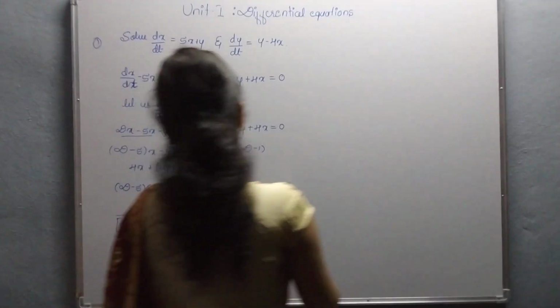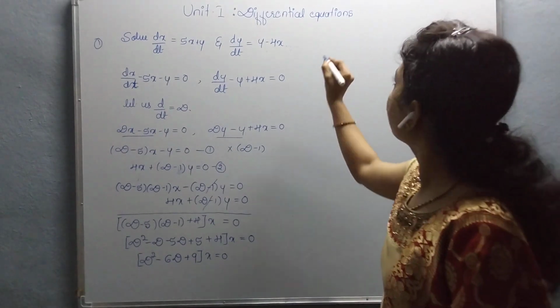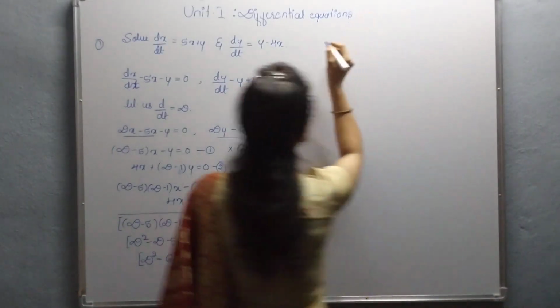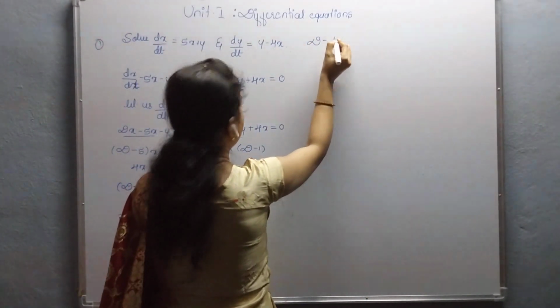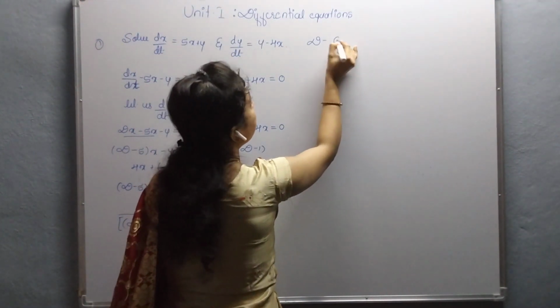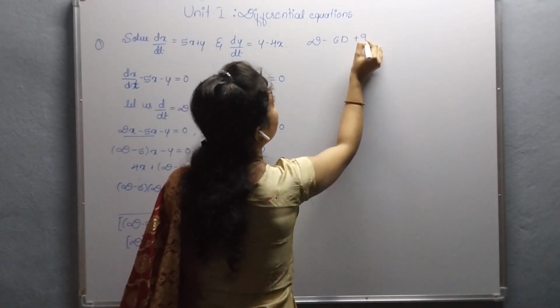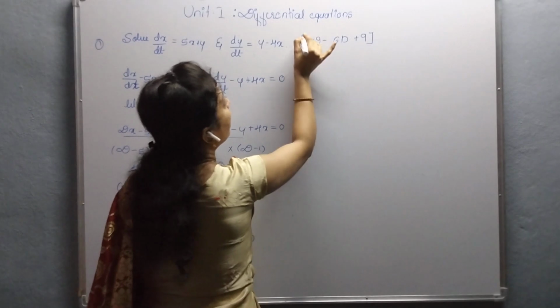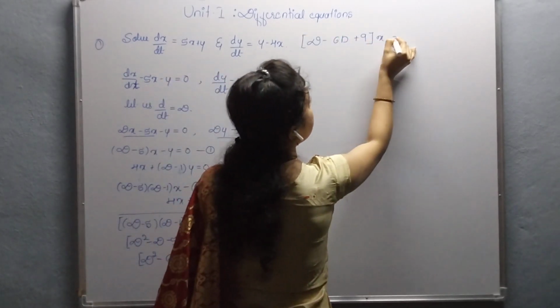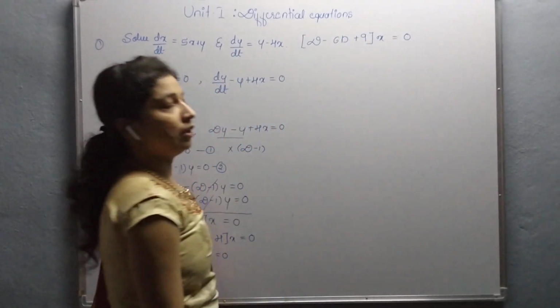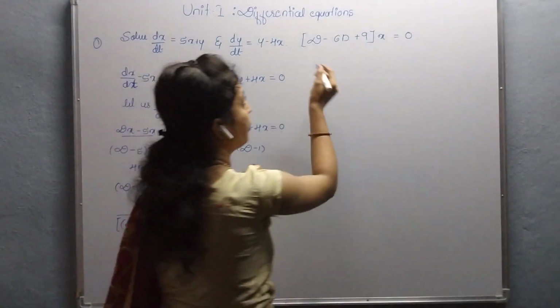So here we can write this equation as (D square minus 6D plus 9) into x is equal to 0. Now it is the linear differential equation.